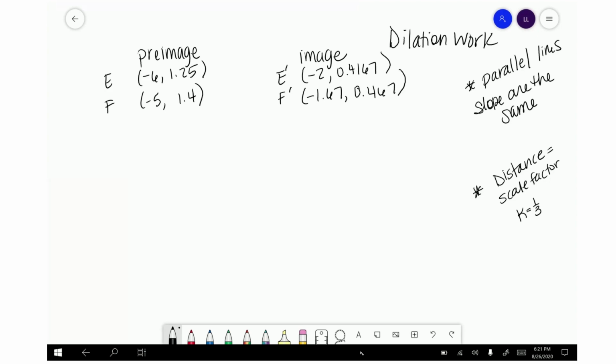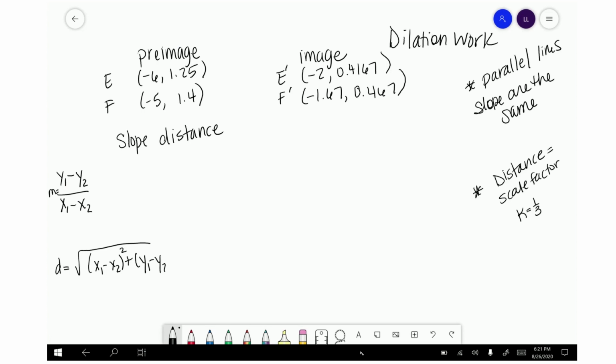Of my pre-image, I'm going to find the slope and distance. To find the slope, y1 minus y2 over x1 minus x2. To find the distance, it is the square root of (x1 minus x2) squared plus (y1 minus y2) squared.